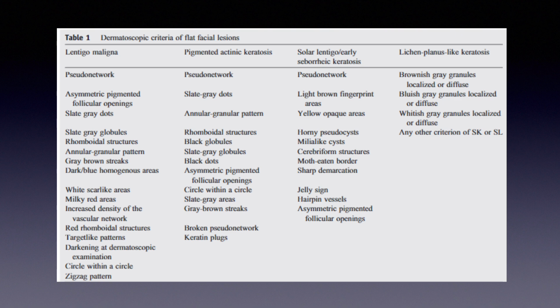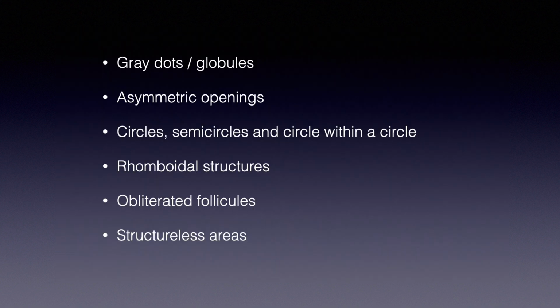So we've learned some classic criteria, and every time we see a lesion, we will try to look for them. We will try to find gray dots and globules, asymmetric openings, circles or semicircles or circle within a circle, rhomboidal structures or obliterated follicles, and then the structureless areas.